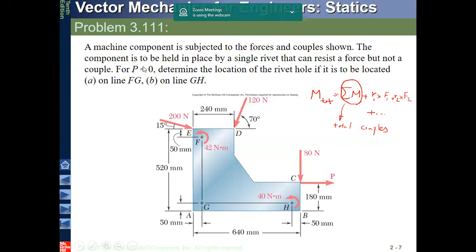For P equal to 0, determine the location of the rivet hole if it is to be located on line FG or on line GH. Give it some thought, and then we can go to the solution and check everything. Let me know if you have any questions.